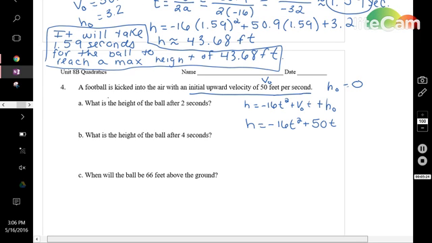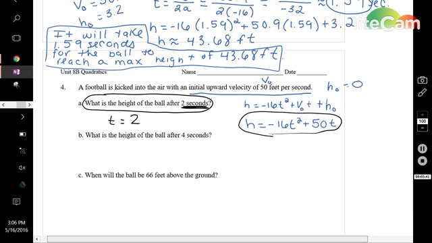So part A is asking, what is the height of the ball after 2 seconds? So seconds indicates time, okay? So that means I'm going to be plugging in a t value of 2 into the equation that we came up with.